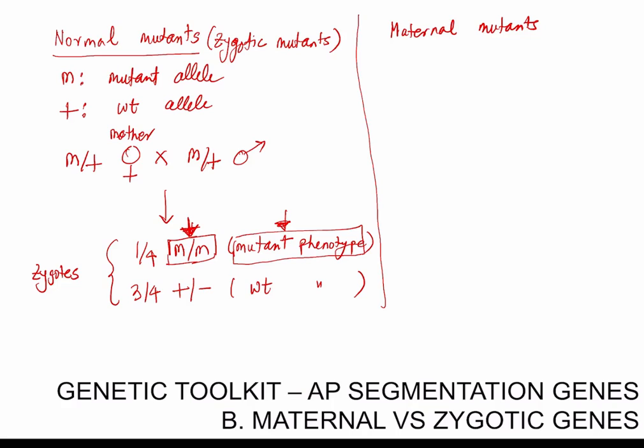For example, if the mother is homozygous for M, and we cross this female with, let's say, a homozygous wild type male, the progeny are going to be all hets, and so their genotype is not homozygous for the mutant allele.